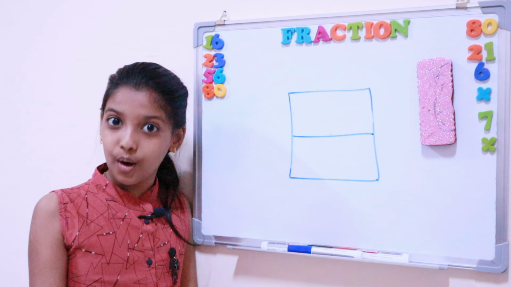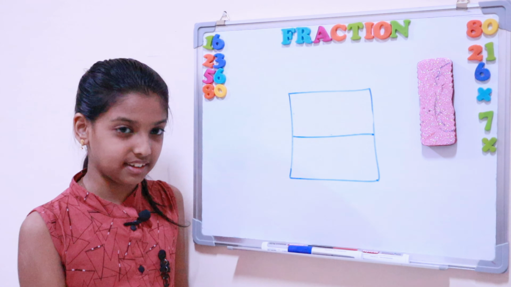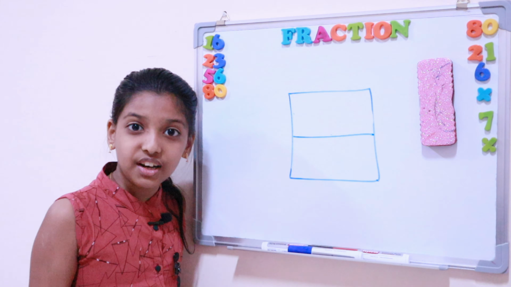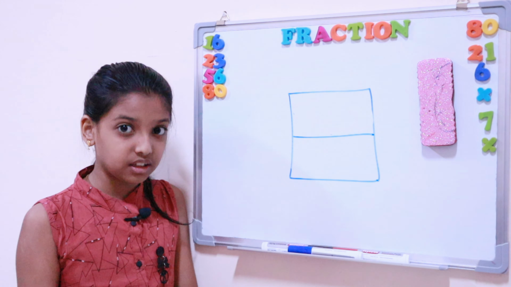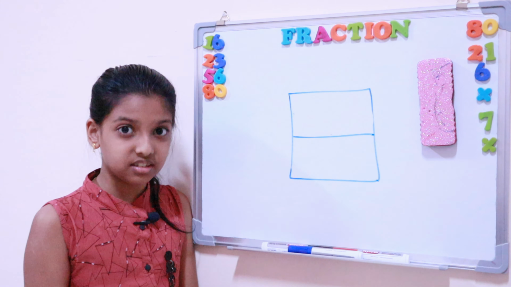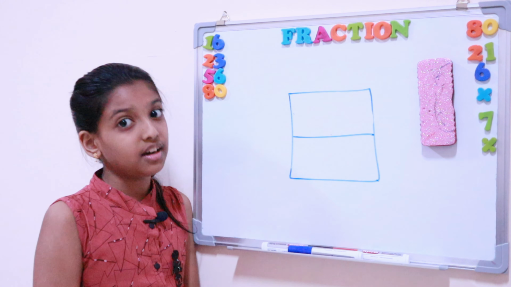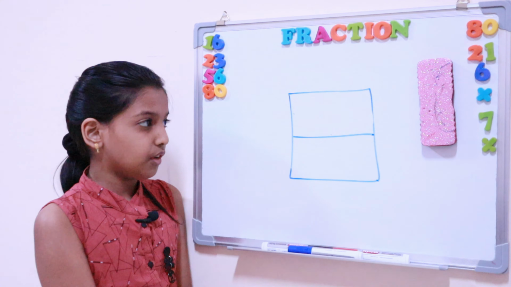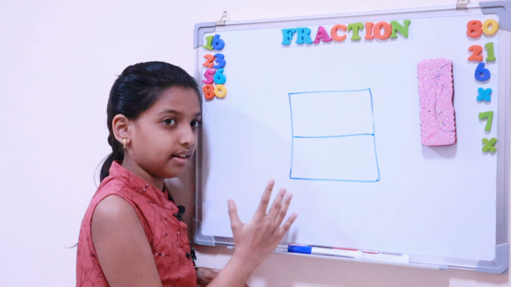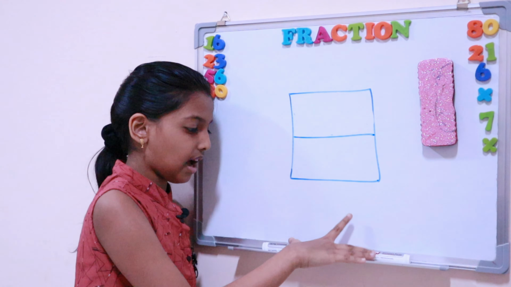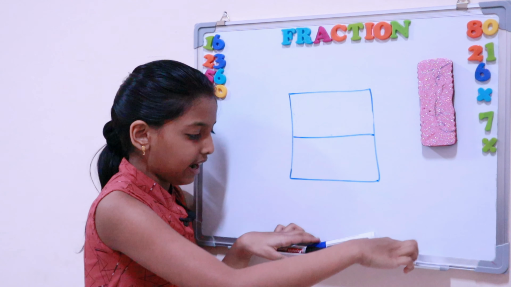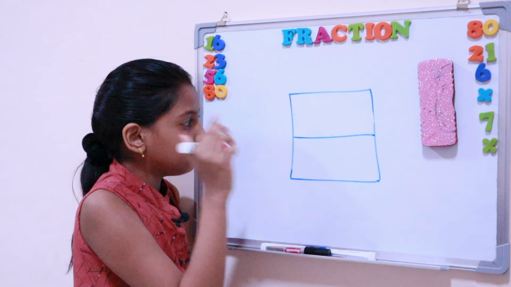Now I am going to talk about 1/2 fraction. The definition of 1/2 fraction is, when we divide the object into 2 equal parts, each equal part is called 1/2. For example, this is a square. We are dividing it into 2 equal parts. Now I am going to shade 1 equal part.